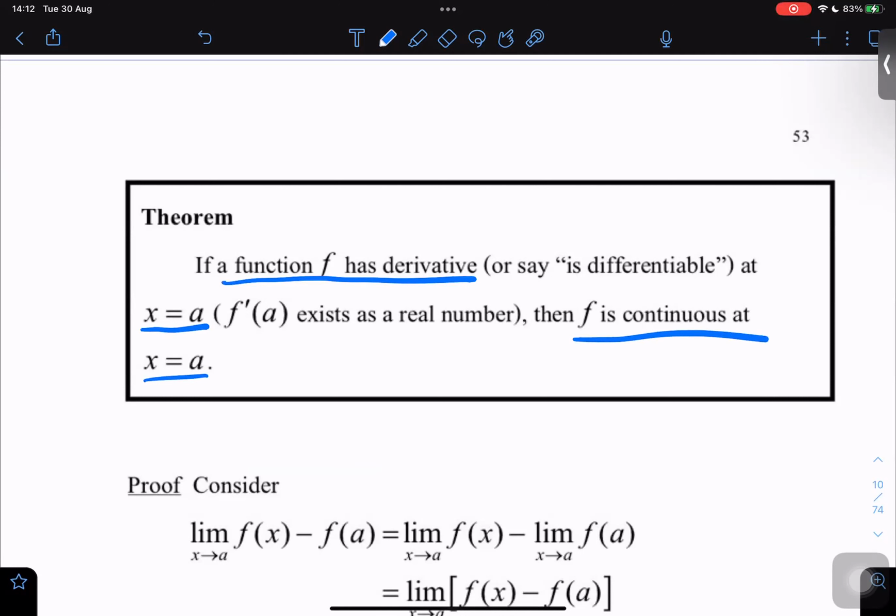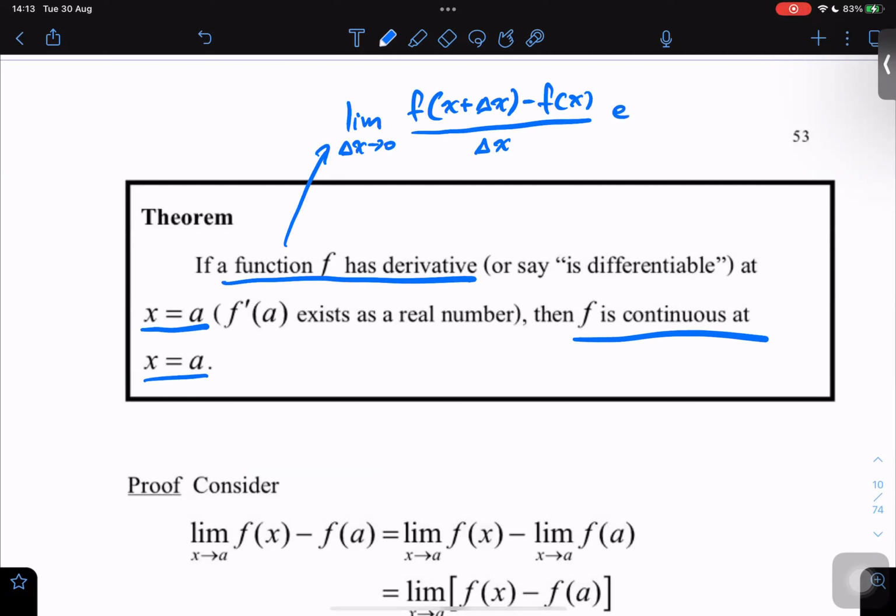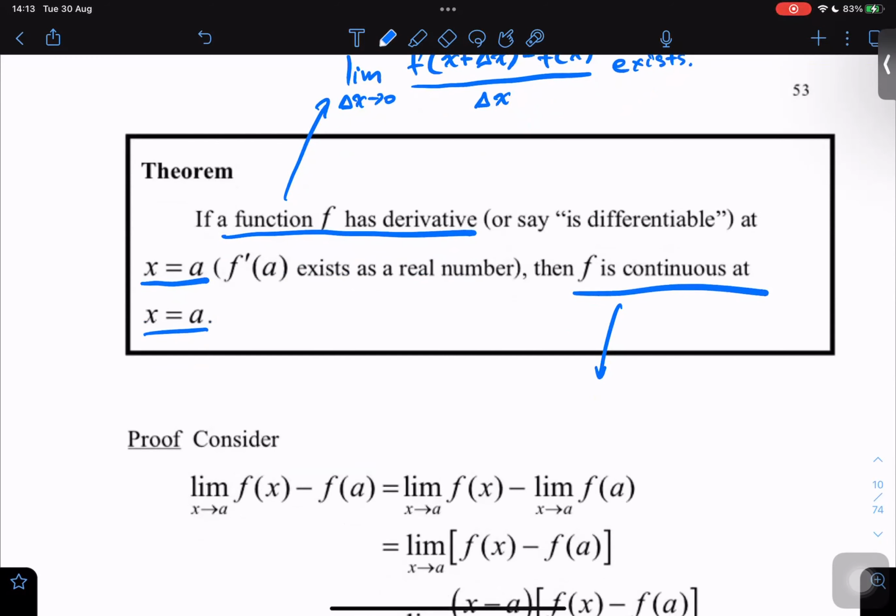So the derivative is the limit as delta x goes to 0 of f(x plus delta x) minus f(x), over delta x. This means this limit exists. And can you remember the continuity at x equal to a?